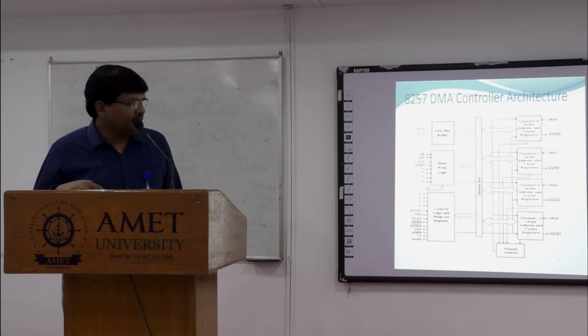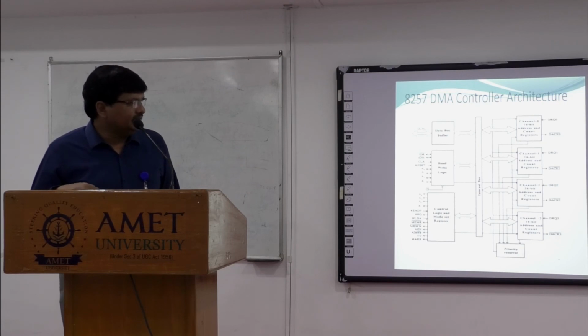Apart from that, it consists of a data bus buffer, which has lines from D0 to D7, where data transfer takes place, and read-write logic, where read and write operations can be carried out. Finally, the overall operation is managed by the control logic and mode set register.